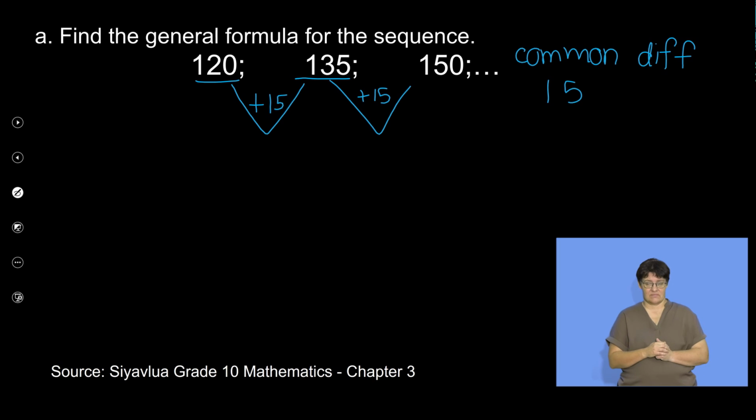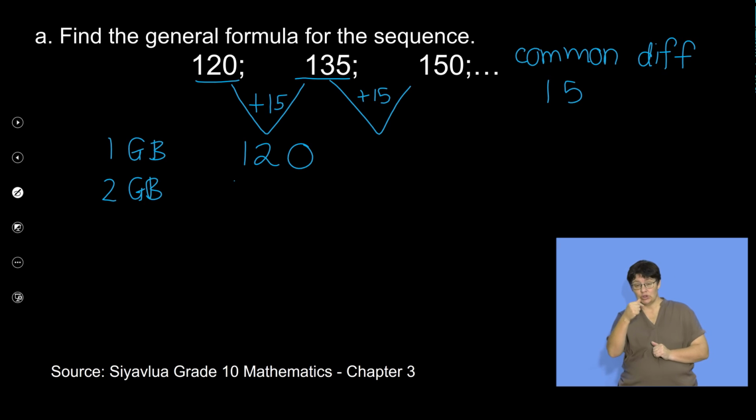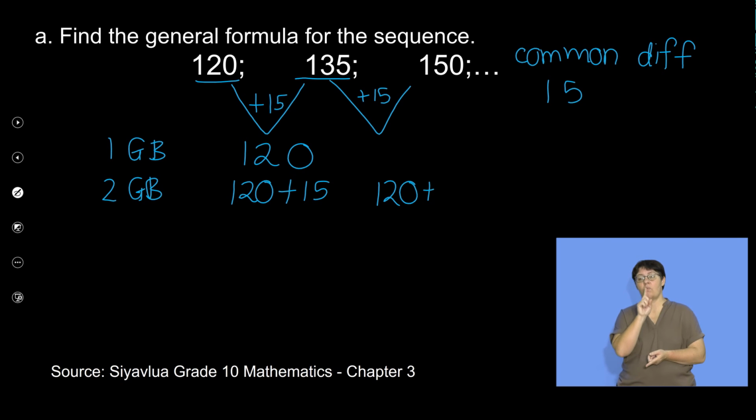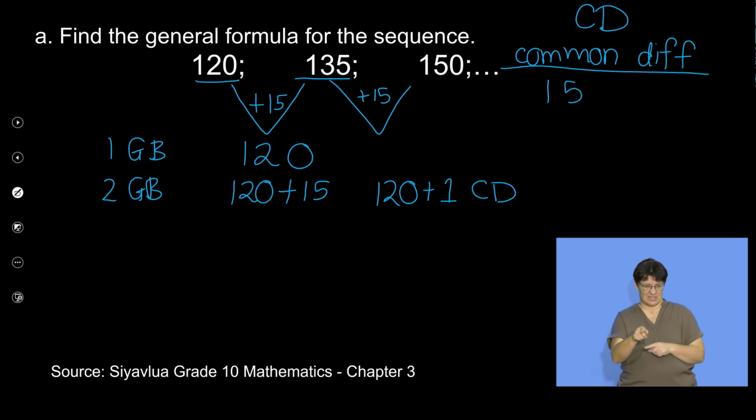So let's have a look. 1 gigabyte was 120 Rand. 2 gigabytes was 120 Rand plus 15. So I could actually say that's 120 plus 1 common difference. So I'm just going to write CD. That's what I mean by common difference, everybody.